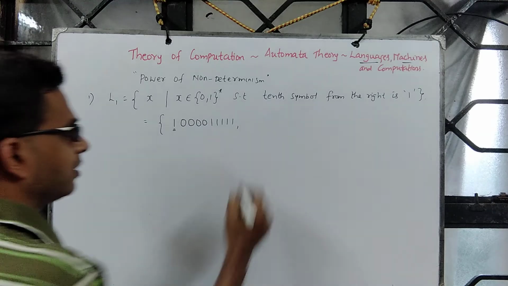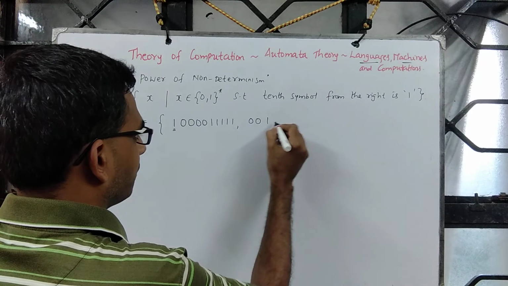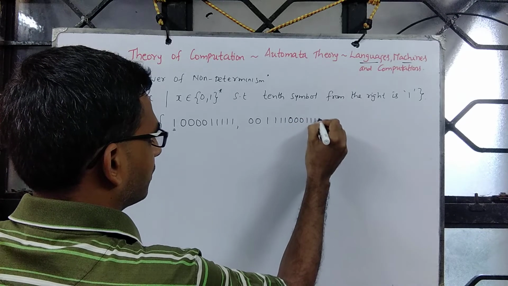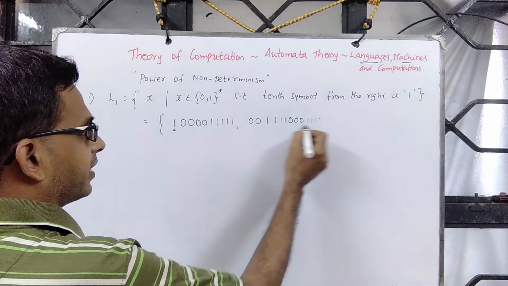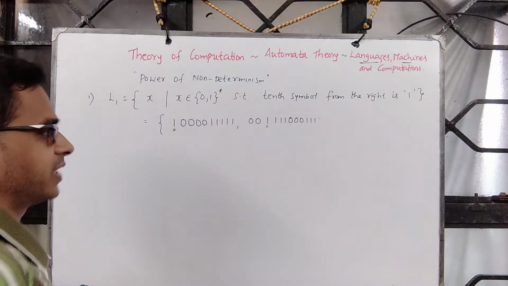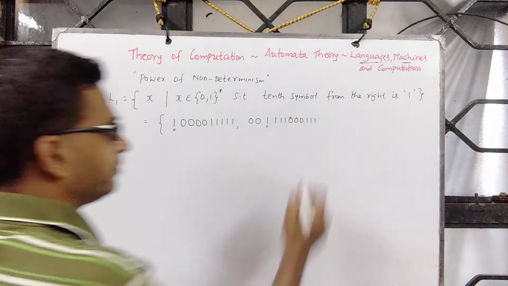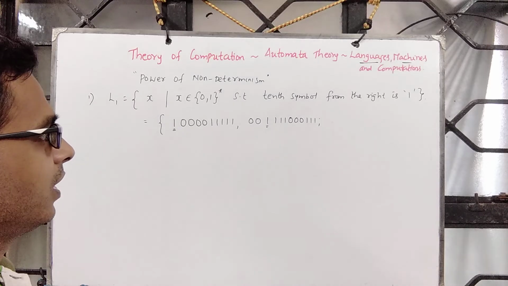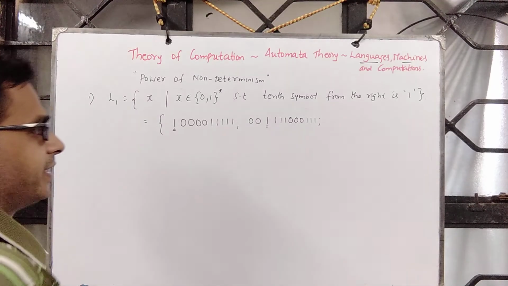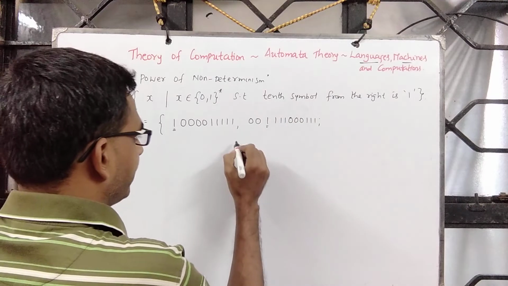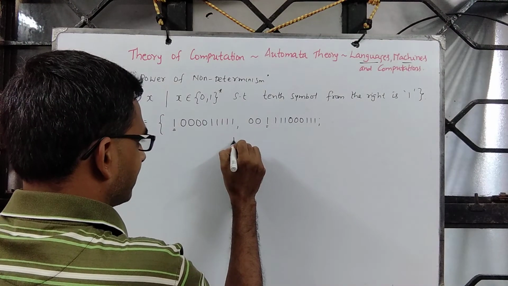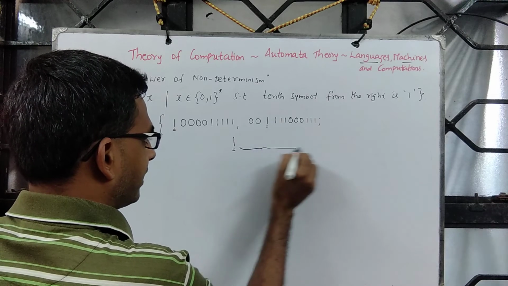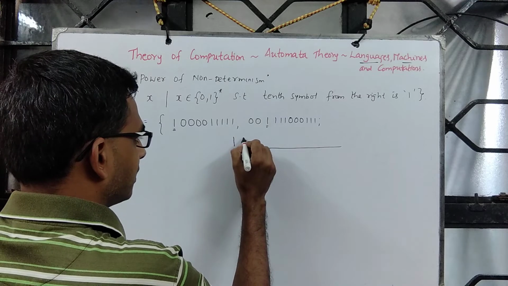This is one string, or it could be 0 0 1 followed by 1 1 1 0 0 0 1 1 1. That's all. So 9 followed by the 10th symbol from the right being 1. Like this one can list many strings over here. Now it clearly tells you that the pattern that we are looking for is something like this. So you have 1, and let's look at the other 9 digits.